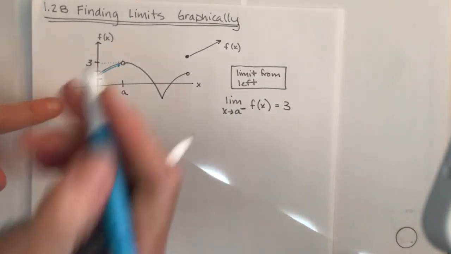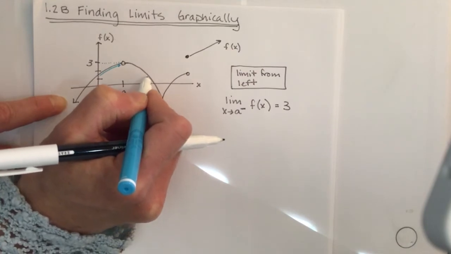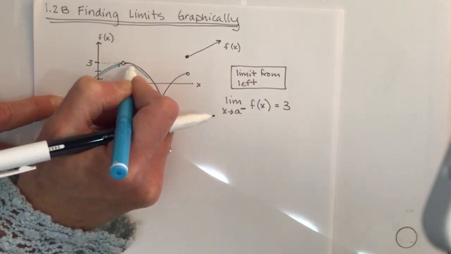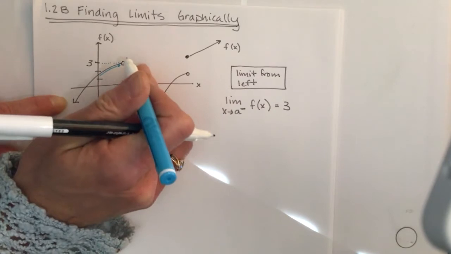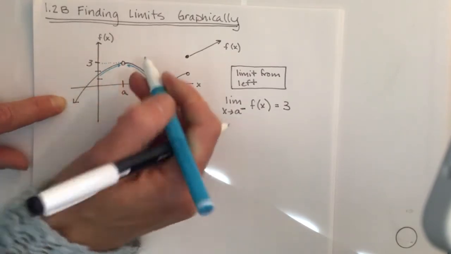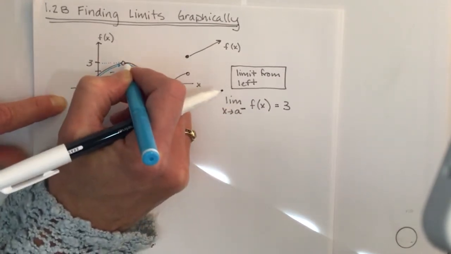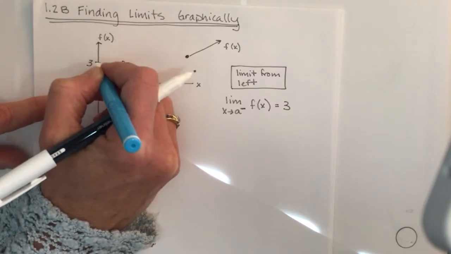And if we do the same thing on the right side, we're tracing the function. You can do this with your finger too. Sometimes I just follow it along. We're getting closer and closer to A from the right. We'll put a little plus sign here and a minus sign here. And we're getting closer and closer to 3.